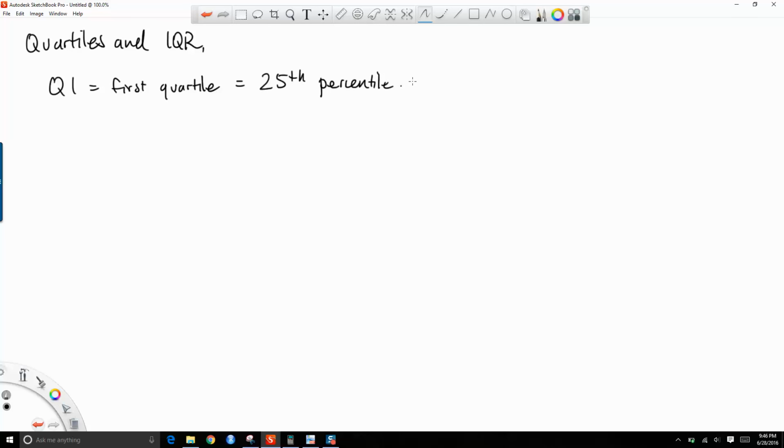What does it mean to be in the 25th percentile? This means 25% of the data is less than or equal to this value.